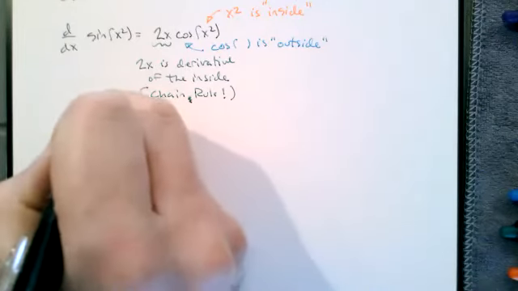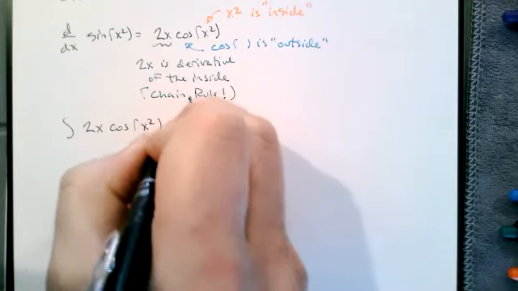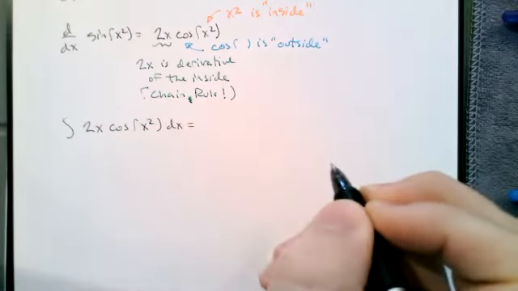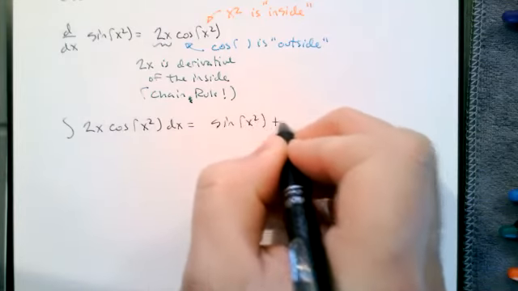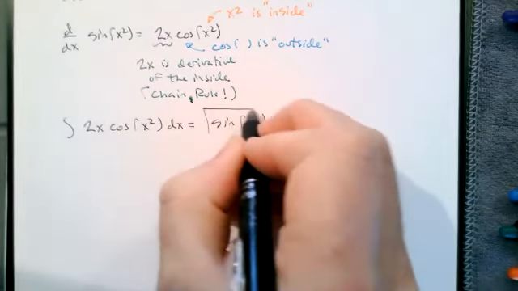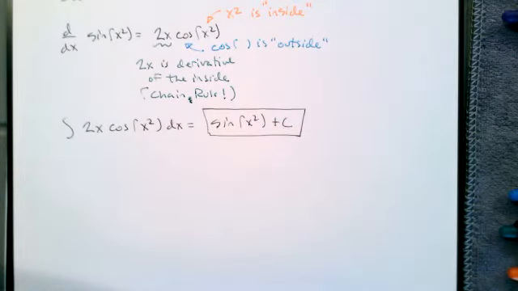So the integral of 2x cosine of x squared dx is going to be the sine of x squared plus c. All our derivative statements are also integral statements. Every time we write something down, we also get its inverse for free.